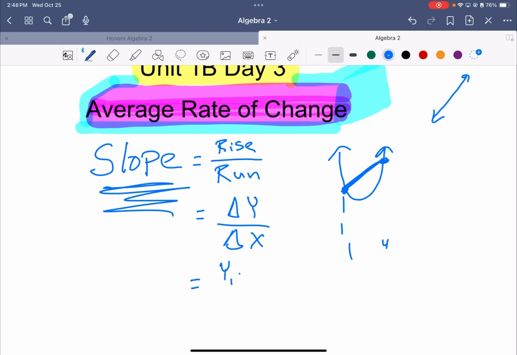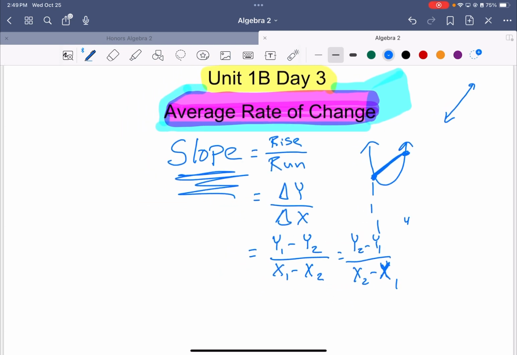Or, the way you mostly see it, y1 minus y2 over x1 minus x2, or y2 minus y1 over x2 minus x1. It's the same thing.